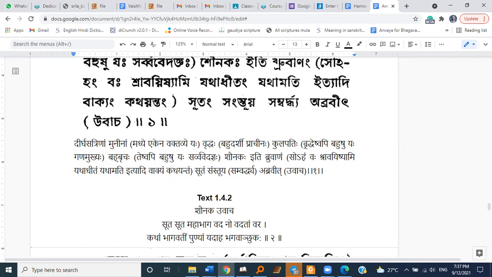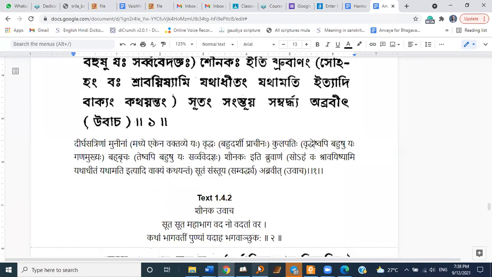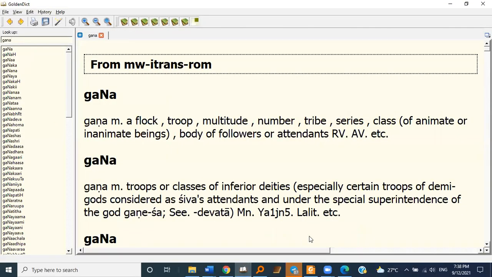Then, now, there were many Vriddhas, many knowledgeable persons there, rishis. But Vriddheshu api bahushu yaha gana mukhya. But he was the chief of Gana Mukhya is, I think it is Guna Mukhya. Yeah, Gana Mukhya. So Gana is like a classification, a class, like multitude, a number, a group.